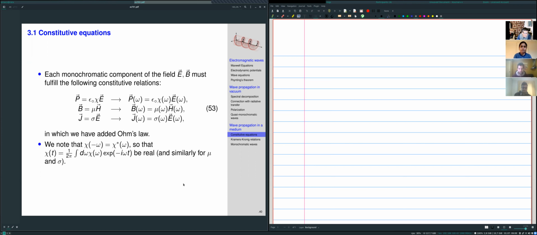So when we have a medium, in electrodynamics the medium is described, physically speaking, with these constitutive relationships. So we have the electric susceptibility, which connects the polarization of the medium with an external electric field. The polarization is the density of microscopic dipoles.